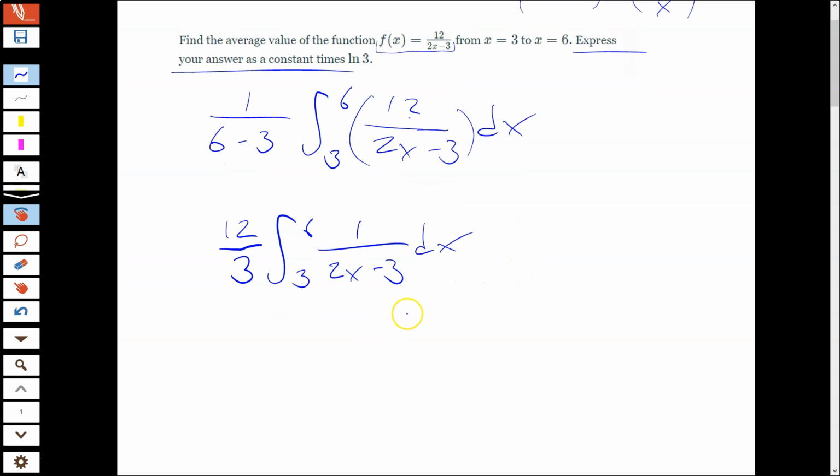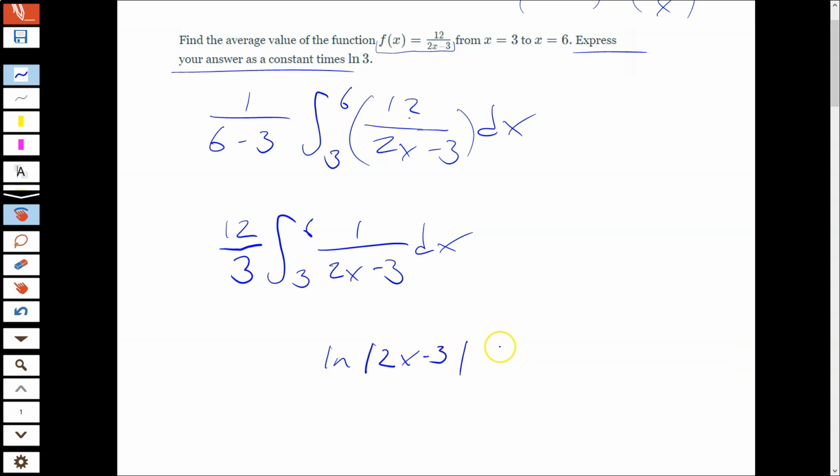Now, there's a couple different ways I can approach this. So I know that my antiderivative of this is going to be the natural log of whatever's on the bottom here. So natural log, and we'll put that in absolute value when we take these, because natural log can only take positive values inside of it.